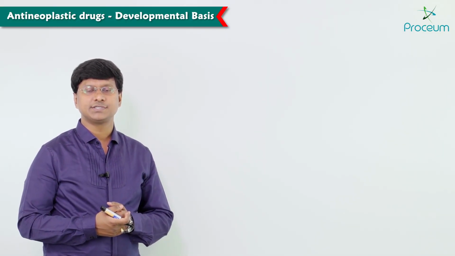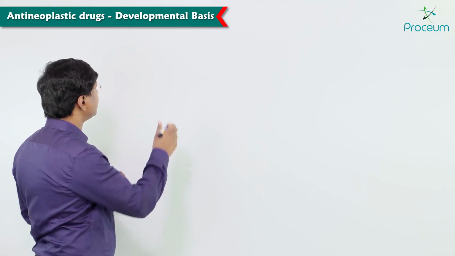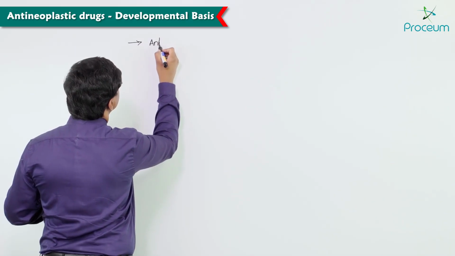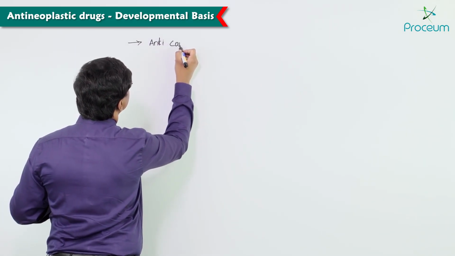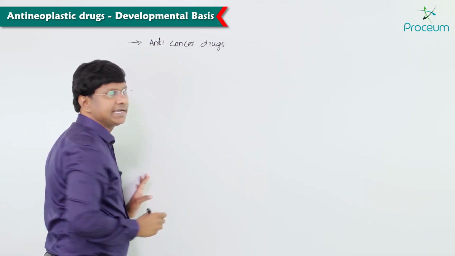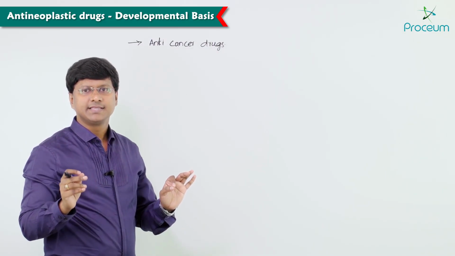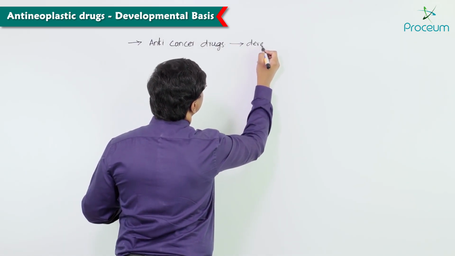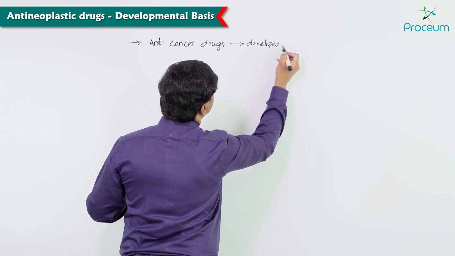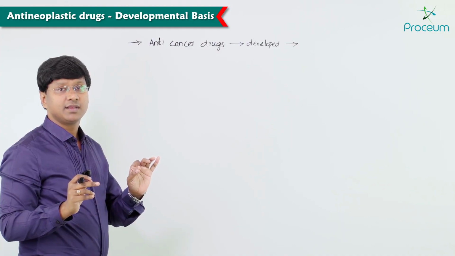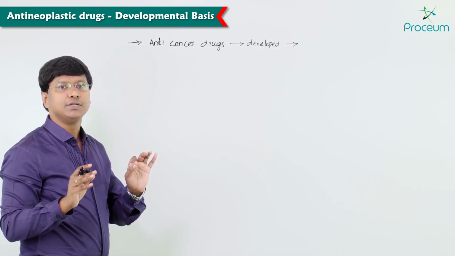If you see these anti-cancer drugs, let me tell you how they were developed and what was the basis for their development. Anti-cancer drugs were developed based on what is called the murine L1210 leukemia model.